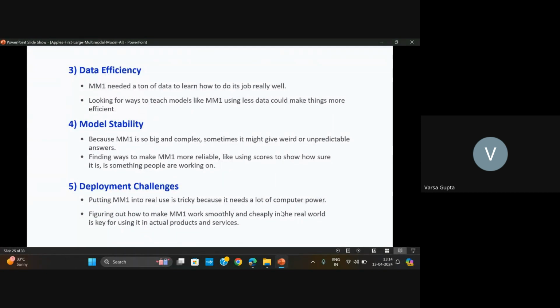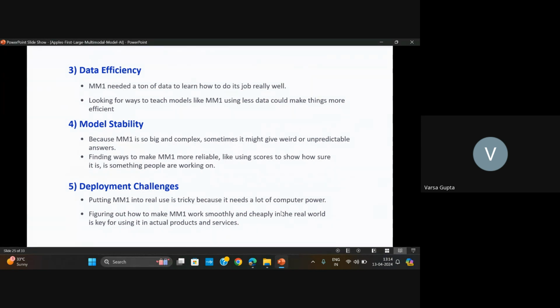So 30 billion parameters, I mean data, is still not sufficient to train a multimodal model. If we can train MM1 using more data, that will be more efficient.